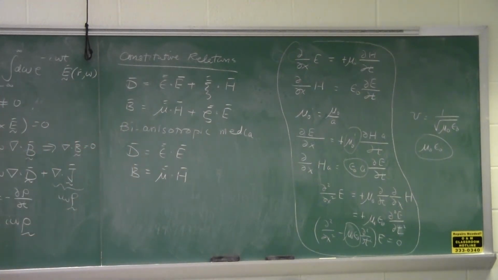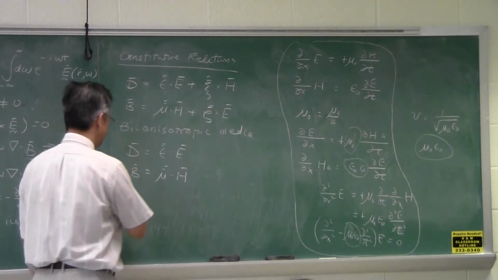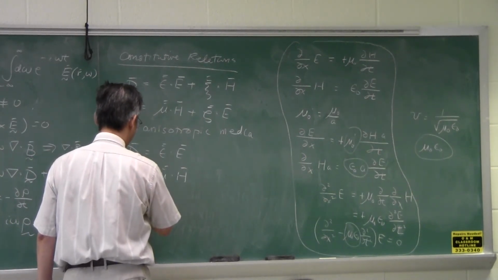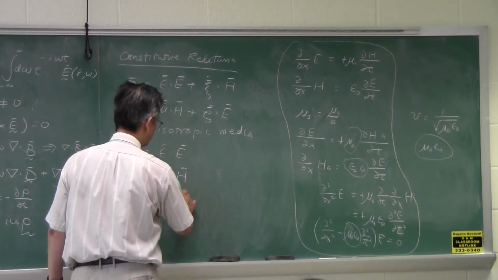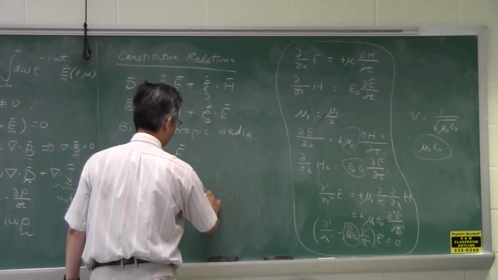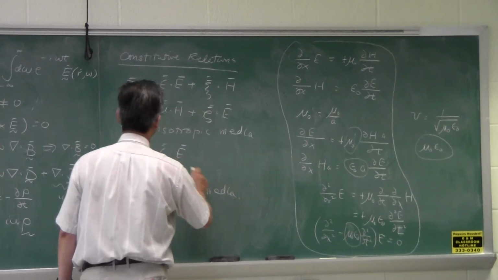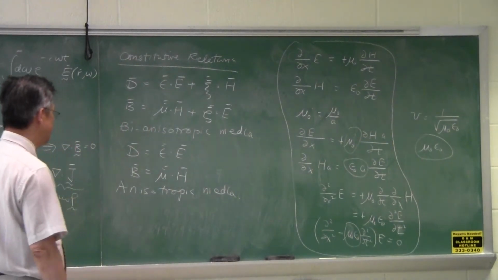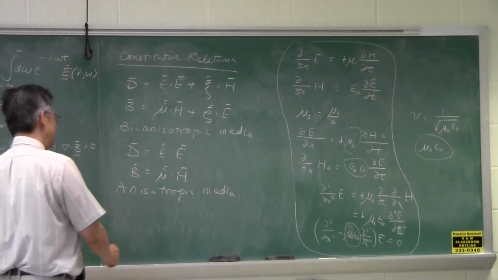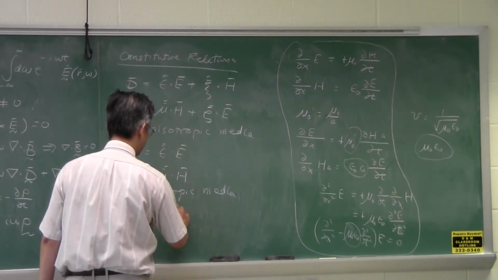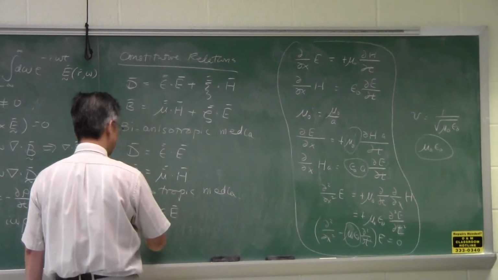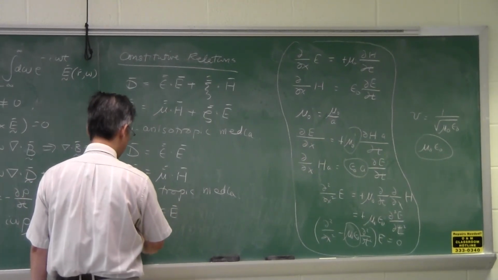And when a medium is describable in this manner, this is called an anisotropic medium. Okay. And then you can have even the simpler form, which is usually the form that is more commonly observed, where epsilon becomes a scalar.